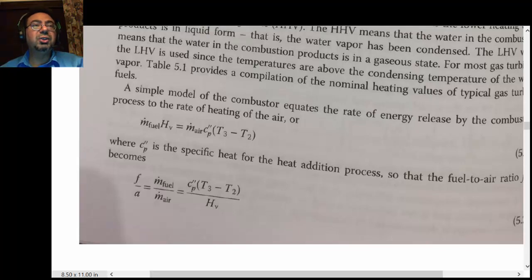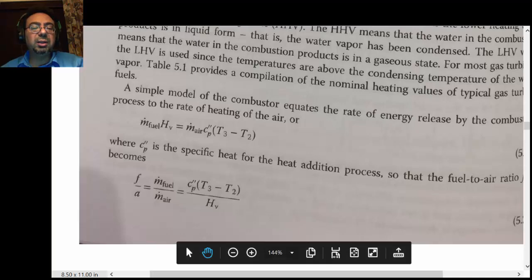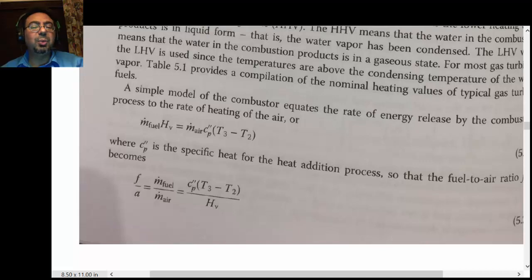It's not in megajoules, it's like 1 kilojoule per kilogram, 1 point something. And the temperature difference is what? He starts with, I don't know, 500 or 400, and finishes at 1500, so you're talking about 1000. But still, this is megajoule, right?